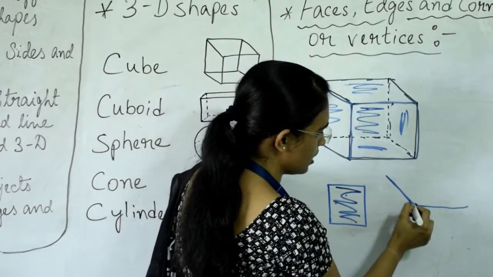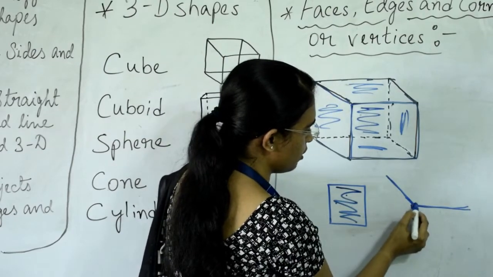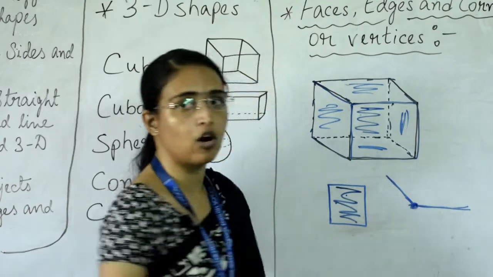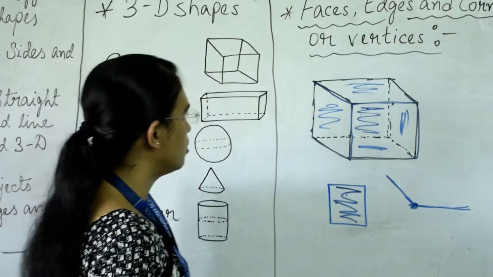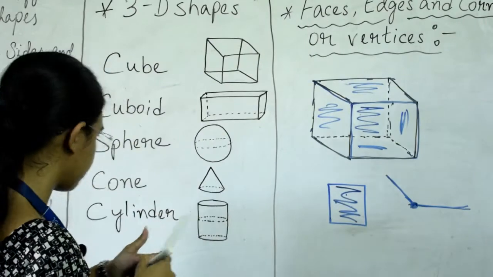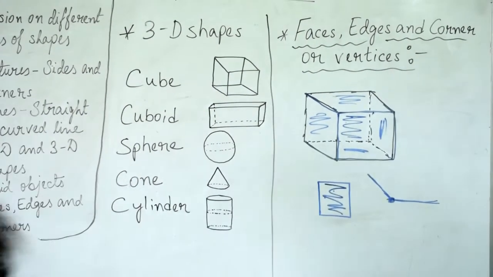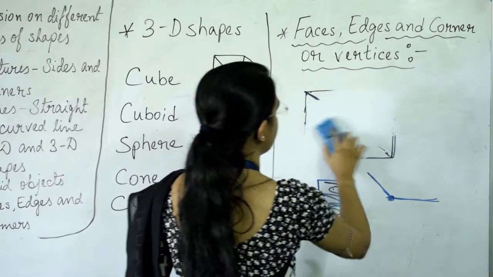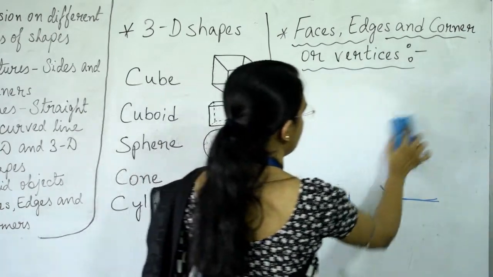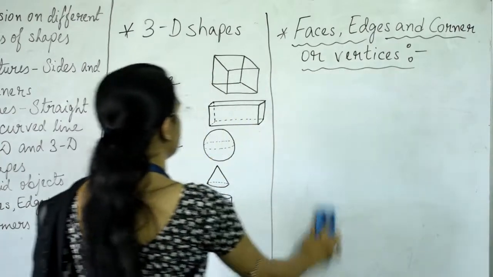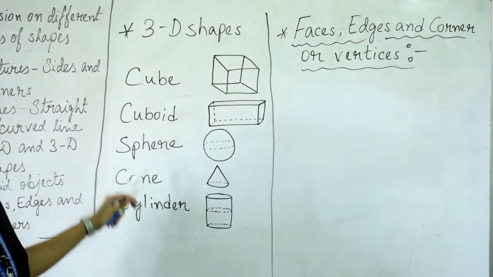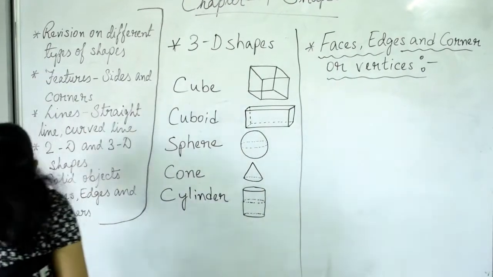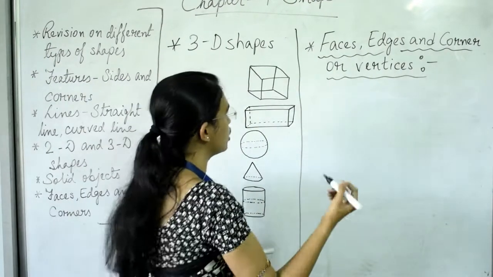These lines are edges, and where the two lines meet, that creates a corner or vertex. Now we will learn how many edges, faces and vertices or corners are there in a cube, in a cuboid, in a sphere, in a cone or in a cylinder. Now first we will study about cube.